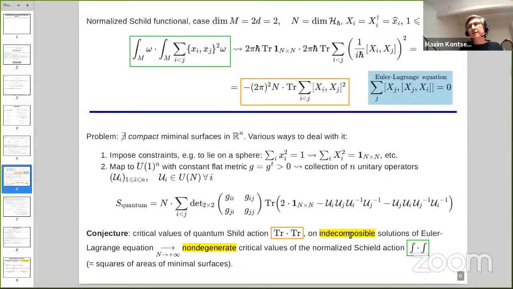And the conjecture is that on such indecomposable things, the limit when dimension goes to infinity goes to this nice countable set which appears in the classical situation, the non-degenerate critical values of the normalized Schild action, which is always a countable set, namely squares of areas of minimal surfaces.